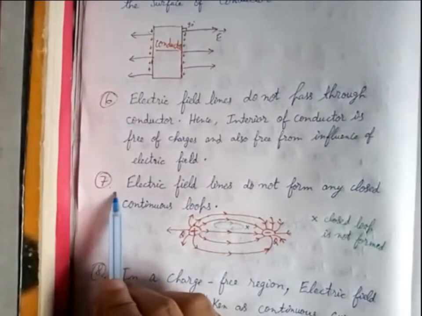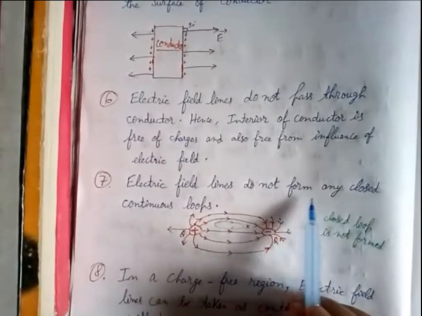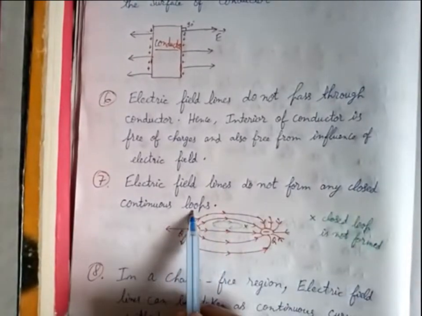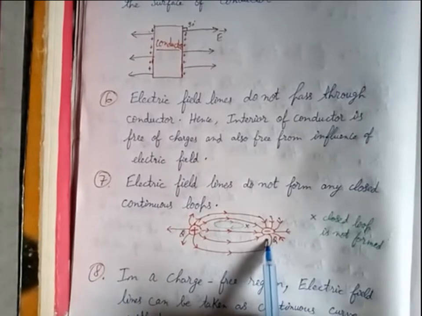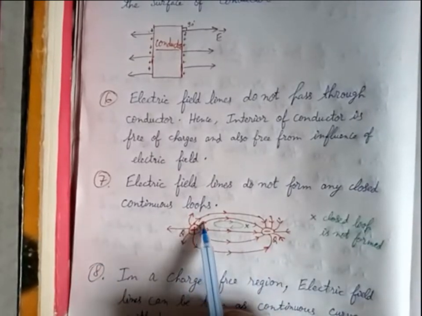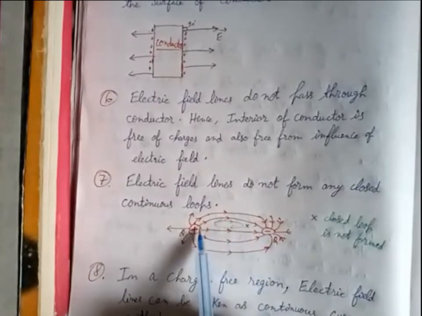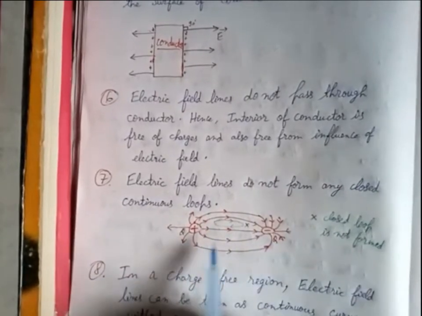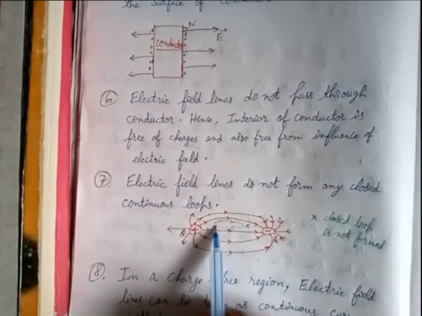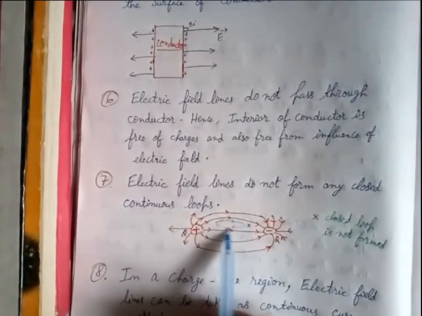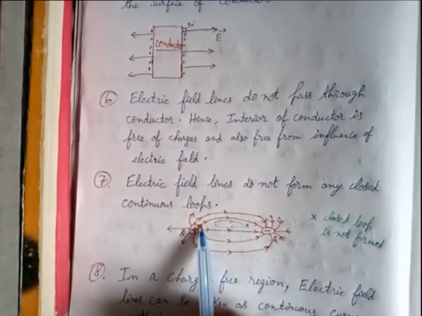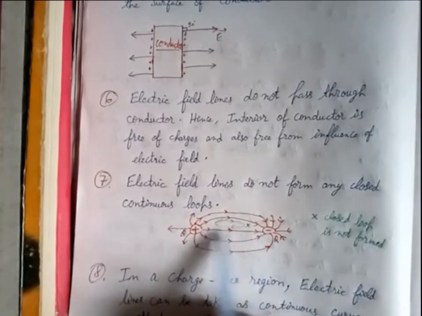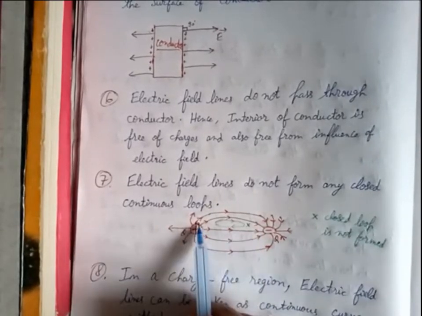The seventh point is that electric field lines do not form any closed continuous loop. In this drawing we are seeing that there is a positive charge and there is a negative charge. All the field lines originate from the positive charge and terminate at the negative charge. By this green color I have made a closed loop, which is not possible with these yellow color and orange color field lines, because every field line is going in the same direction.